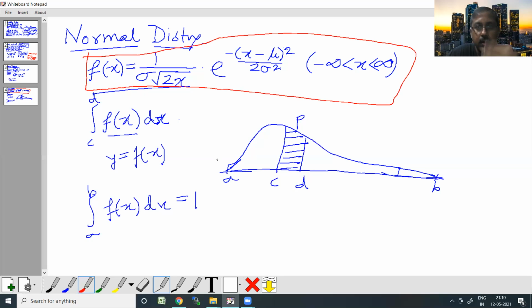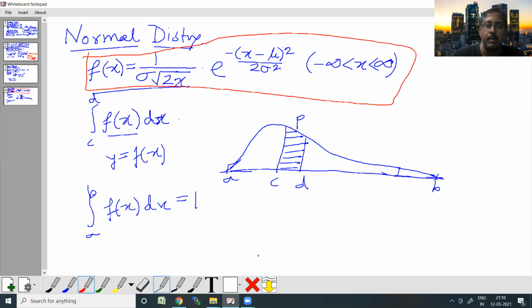When we talk about a range, we say x is from c to d. Then, e to the power minus (x minus mu) whole square, where mu is the mean of the distribution, divided by 2 sigma square.